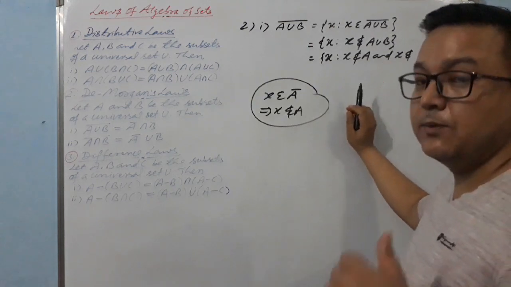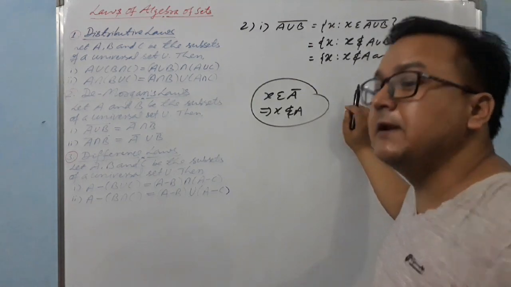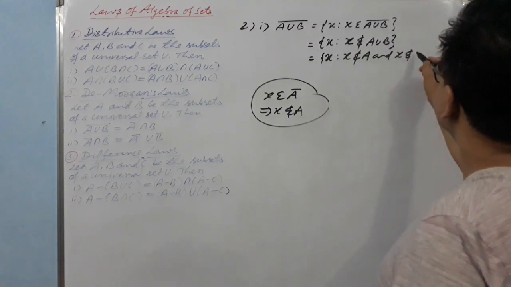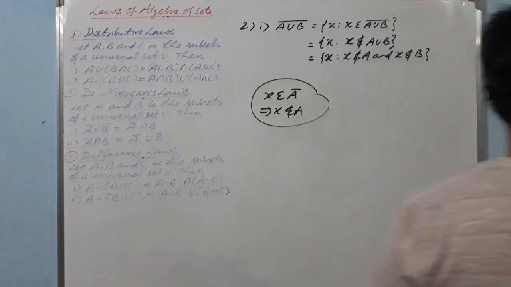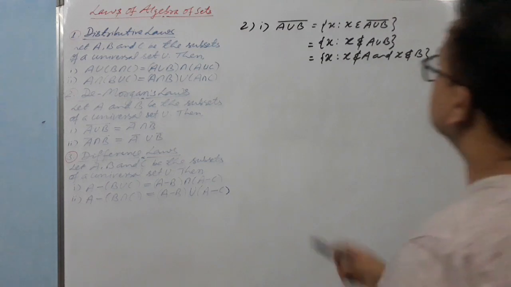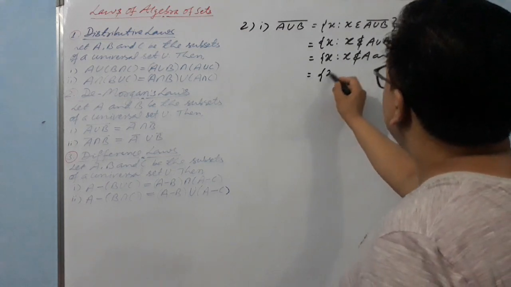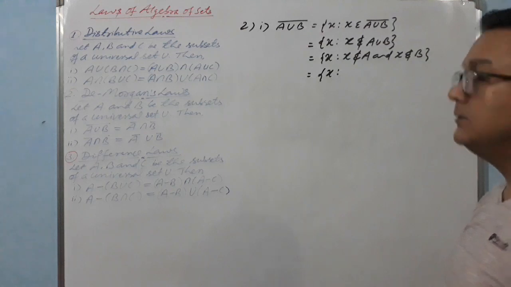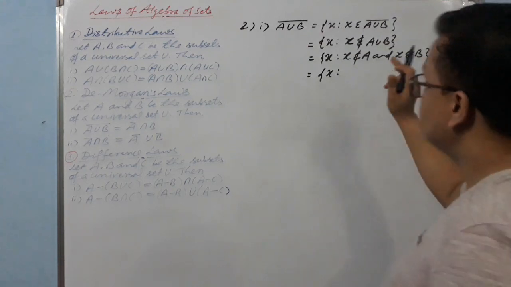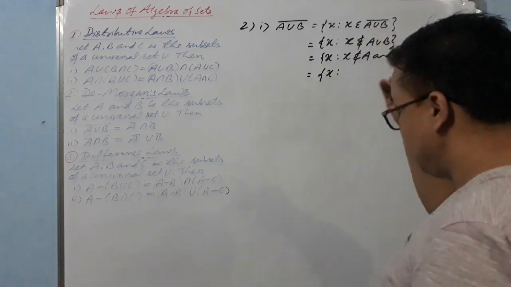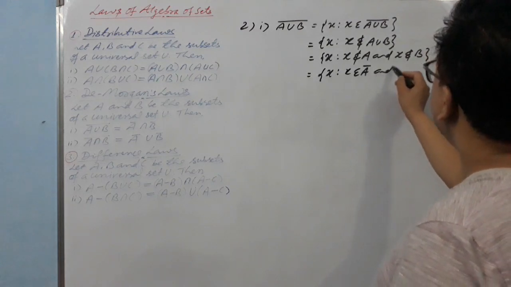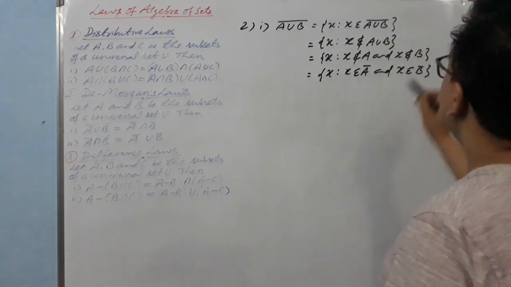If any element does not belong to A union B, definitely the element is not in A as well as in B. X does not belong to B, sorry, pronunciation, B, not V. As I just told you, if X does not belong to A, then X definitely belongs to its complement. And here X belongs to B complement.